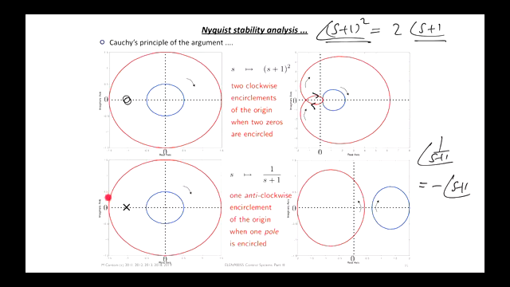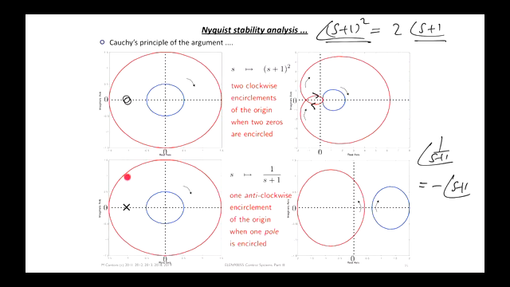So as we're going around like this, it's going around like this. Whereas if we map points along a contour that does not contain the pole of the function, then it's still going around in this time in a clockwise direction, but it doesn't encircle the origin. And it's because we have no poles inside here.